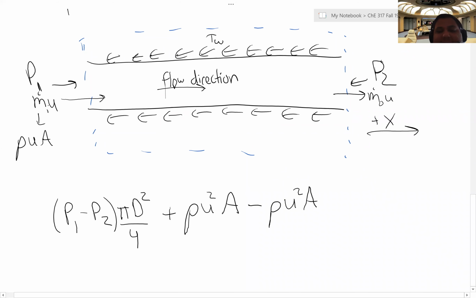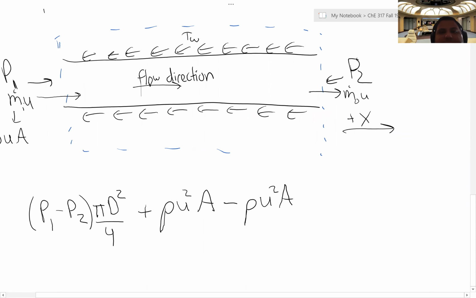I have one more term, which is looking at the shear stress on the system, which, since it's going to act opposite my flow and opposite what I've defined as the positive direction, would be negative tau w.